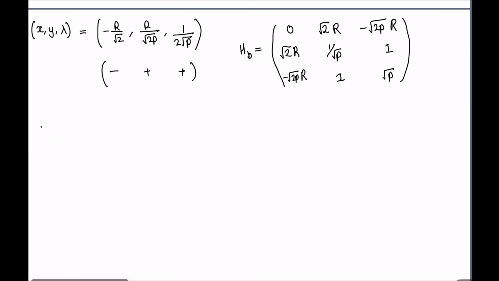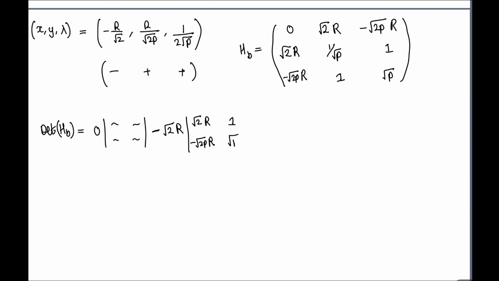So now, if we work out the determinant of this bordered Hessian, again using the top row, we have 0, and it doesn't really matter what the matrix of minor is for this element, so we can just not write it in, and then minus root 2r. The matrix of minor is root 2r 1 minus root 2pr root p, and then minus root 2pr root 2r 1 over root p minus root 2pr and 1.